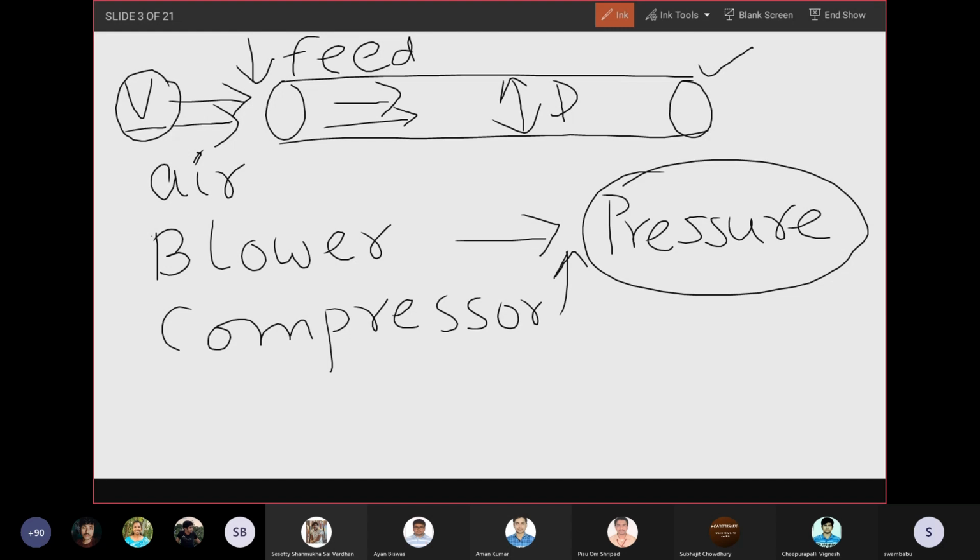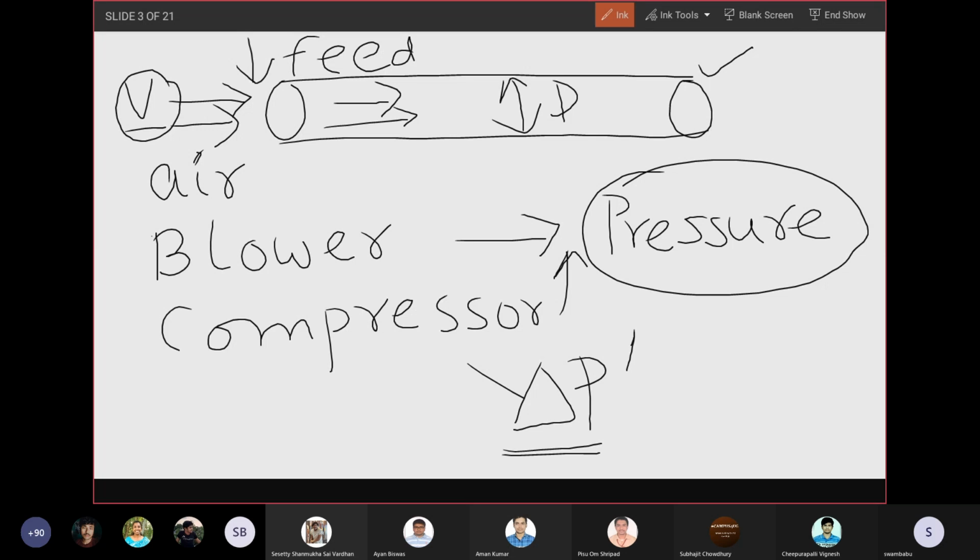What is the important energy loss that will take place? Pressure loss, that is delta P. Every blower can give a certain amount of pressure, which means it is only efficient for a certain amount of pressure drop.